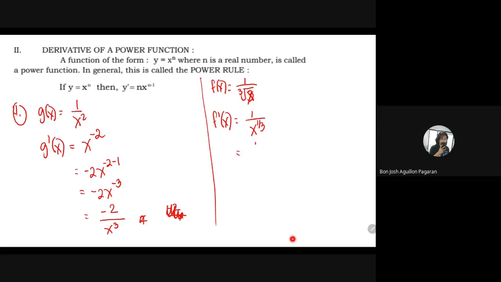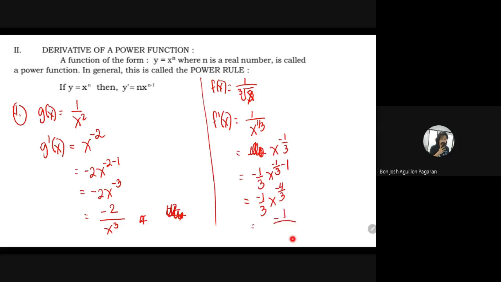So this will be 1 over, pag ni-reciprocal ko to maging x raised to the power of negative 1/3. Correct? Tama ba ako? Opo. X raised to the power of negative 1/3. So this will be negative 1/3 x. So ang exponent niya na negative 1/3, minus na natin ng 1. So negative 1/3 x to the negative 1/3 minus 1, that's negative 4/3. Negative siya.